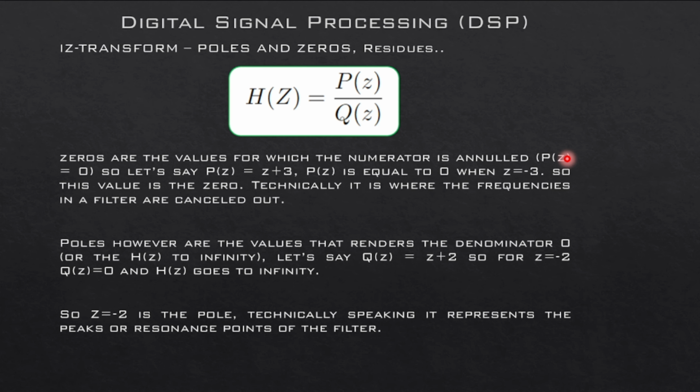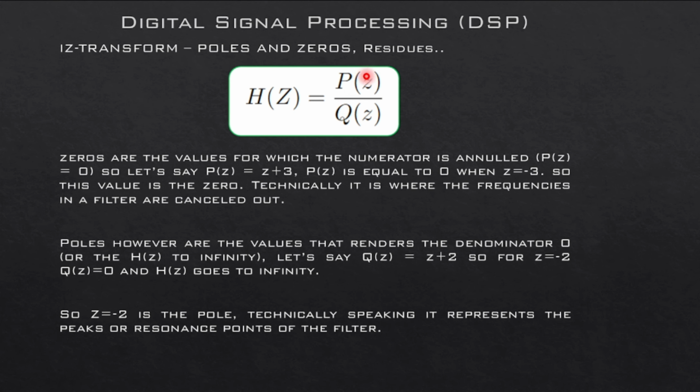So the form of a z transform would be this form right here, which is a numerator divided by a denominator. Both are complex numbers. But what is the concept of zeros and poles? You have P(z) as the numerator, Q(z) as the denominator.